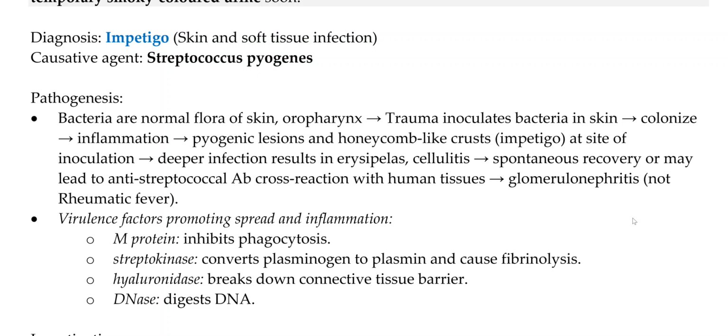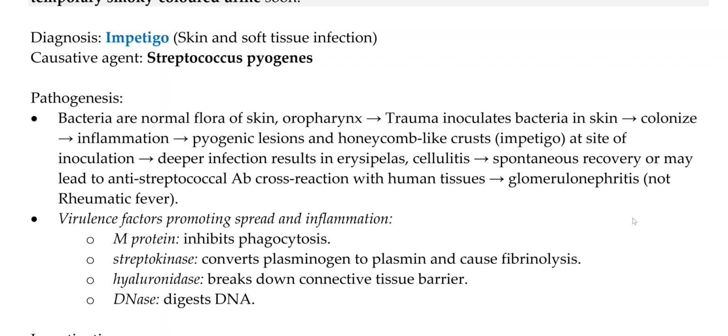But it does not cause heart or joint and other skin part involvement. So acute rheumatic fever is not seen in impetigo. It was thought that this antibody can cause both things, glomerulonephritis or acute rheumatic fever, but here the skin strains usually cause glomerulonephritis as an immunological complication.